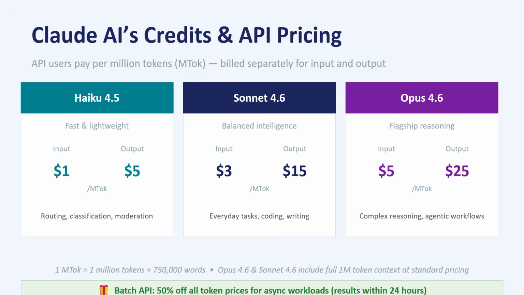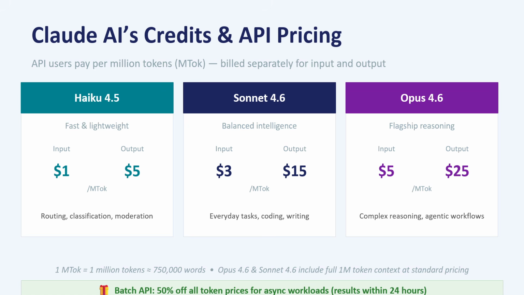Opus is not available freely, so you have to go with the costing model itself. It is used for flagship reasoning. Input will cost you $5 per million tokens, and output will cost you $25 per million tokens. It is used for the most complex reasoning, agent workflows, and maximum automations.